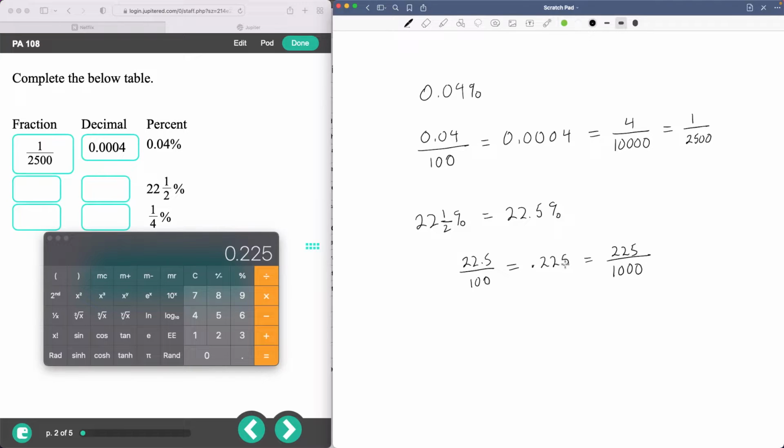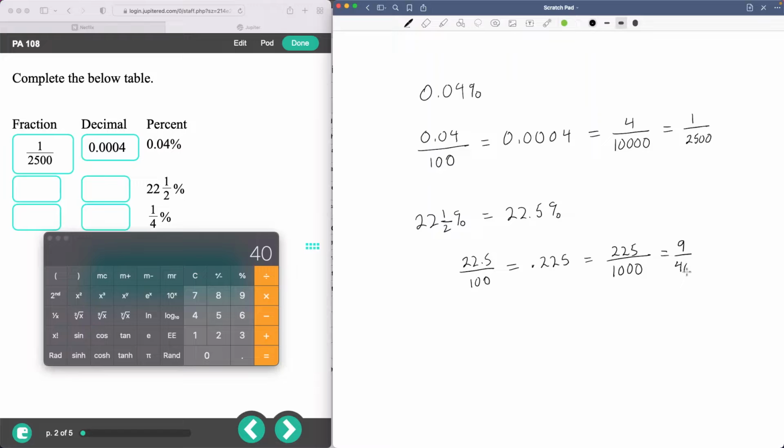Okay, so we have 3 decimal places, so that's going to be 225 over 1 and 3 zeros, because it's 3 decimal places. All right, so now we're going to divide the top and the bottom by the same number to reduce. So 225, let's just do 25. Divided by 25 equals 9. So that's 9 on top. And let's divide the bottom by 25. So we have 1,000 divided by 25 is equal to 40.